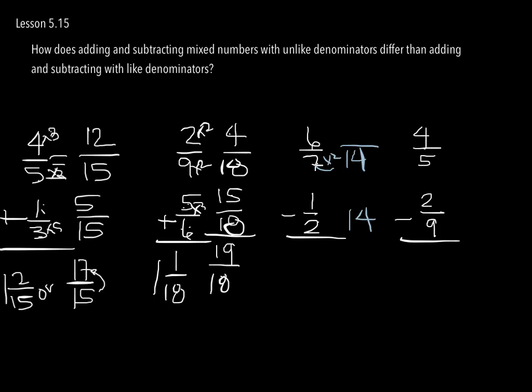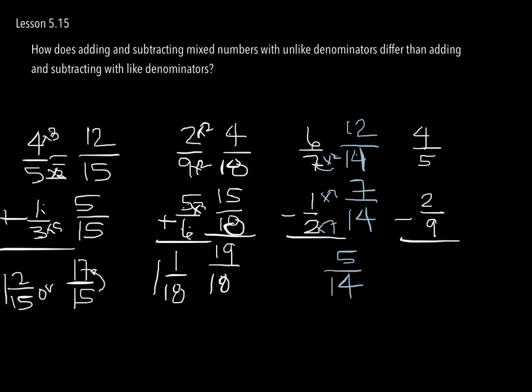I multiplied it by 2. Whatever I do to the bottom, I do to the top. 6 times 2 is 12. And then I multiplied 2 times 7, so I'm going to multiply 1 times 7, and I'm going to get 7. So now I have 12 14ths less 7 14ths. 12 less 7 is going to be 5, and 14ths is my language. No need to reduce or simplify there.